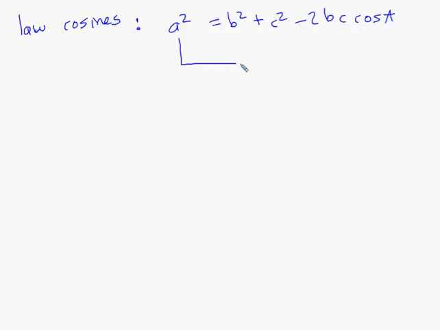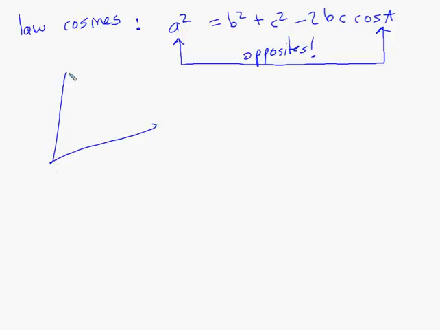Okay. Law of cosines. Basically, it's a formula: a squared equals b squared plus c squared minus 2bc cosine of A. The key here is this side and this angle are opposite each other, and b and c are the two sides that meet this angle.